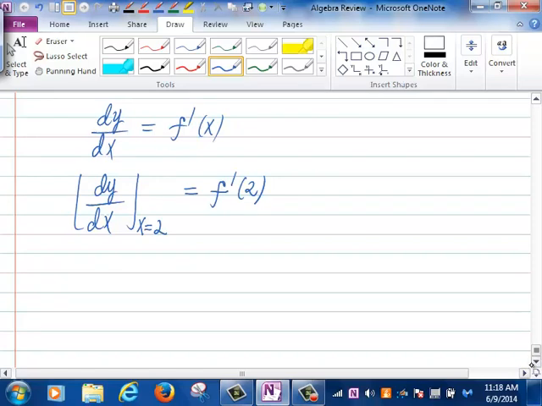So all I did really is I told you what is the derivative of a function at a number. It's given by the limit as x goes to a of f of x minus f of a over x minus a, or the limit as h goes to 0 of f of a plus h minus f of a over h.